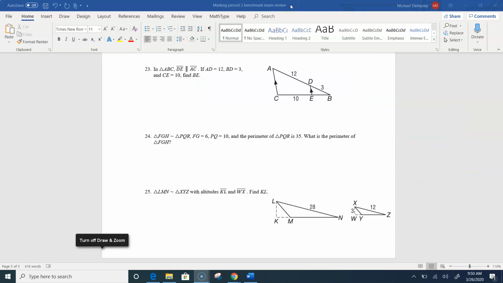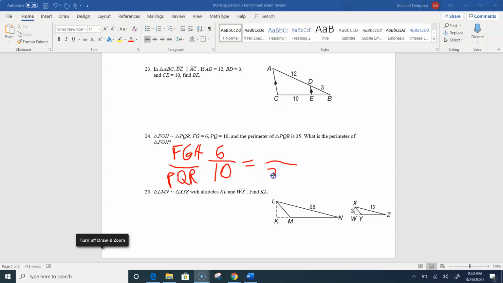Okay, so here I have two similar triangles, FGH and PQR. I know that FG is 6 and PQ is 10, so that's going to be my scale factor of FGH to PQR. That's their ratio, 6 to 10. They tell me the perimeter, so this is FGH to PQR, 6 over 10.